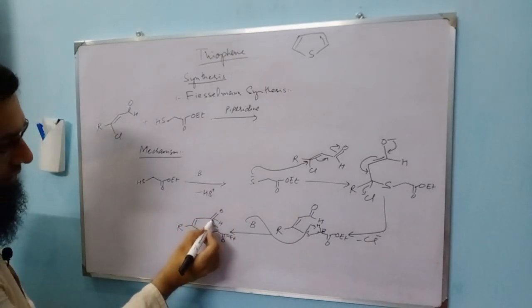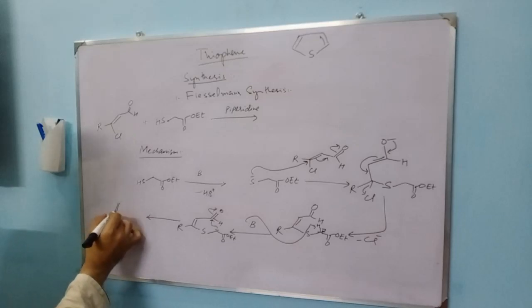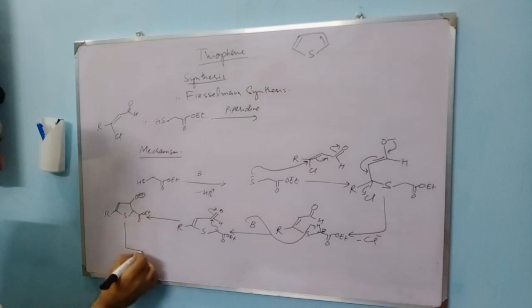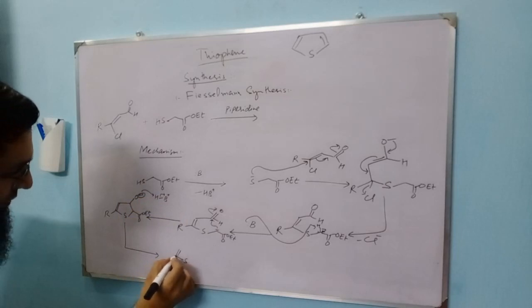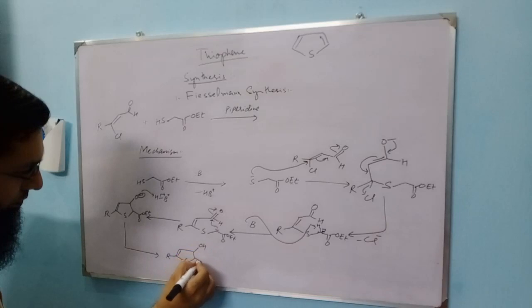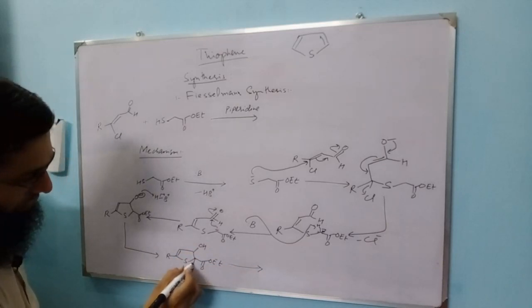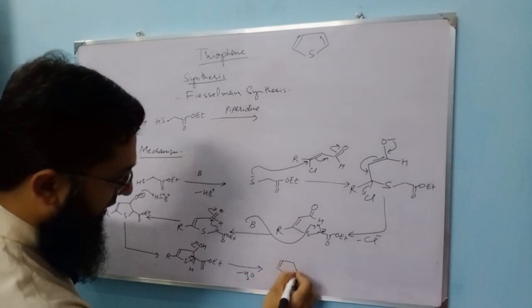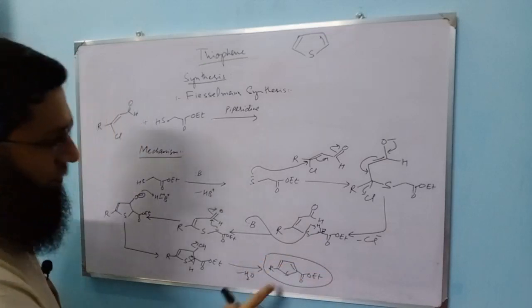Negative, and this enolate attacks this aldehyde, an intramolecular aldol reaction, and because we have protons present in the system, we get this, and in the last step a water molecule is eliminated in the presence of base, because base takes this proton, and we get thiophene derivatives. So this is our molecule which can be put here.